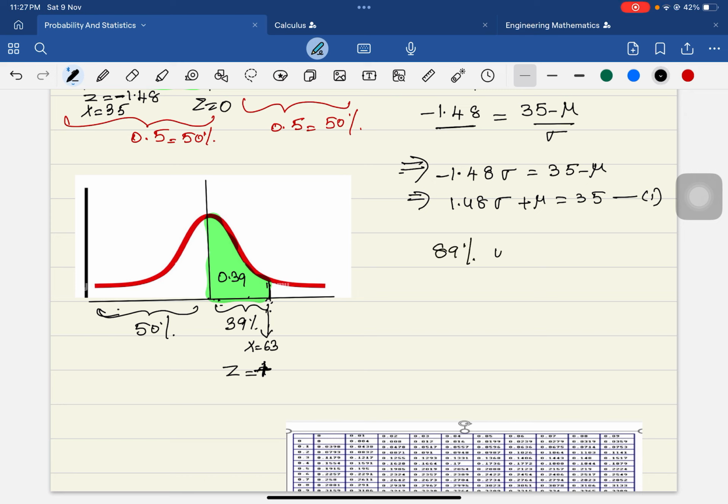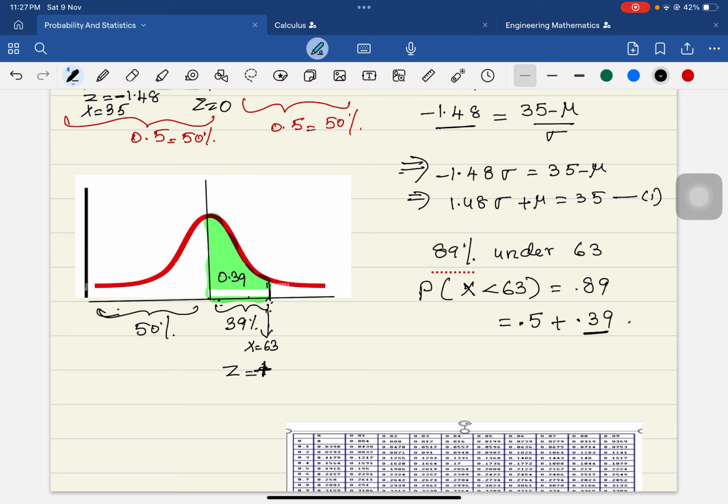89% is under 63 means already, what do you mean by this? This is probability of x less than 63 is 89%. That means 0.89. So how can you write 89% as 0.5 plus 0.39, correct?